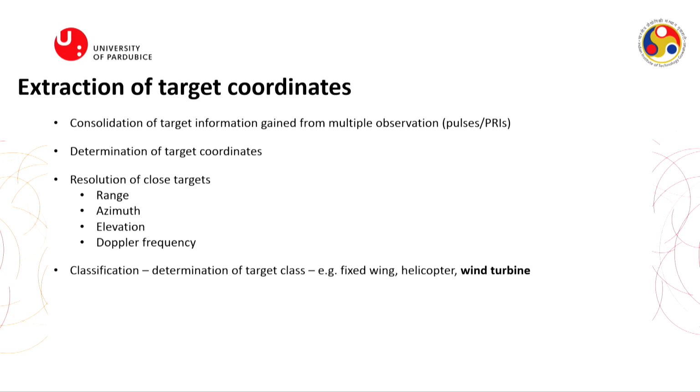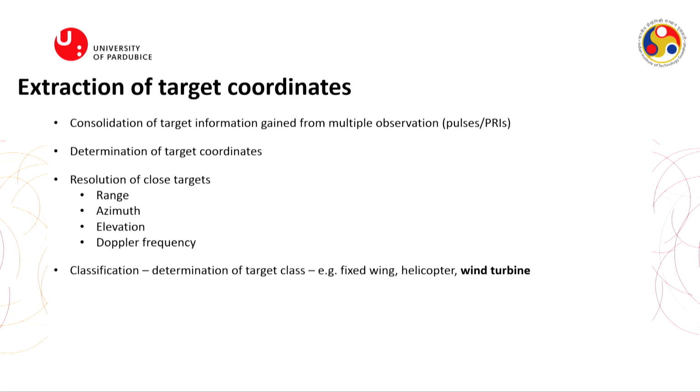Then comes extraction. The next step is extraction of target coordinates. It is consolidation of target information gained from multiple observations. It is through CPI, because I told you we have PRI and we send these pulses.